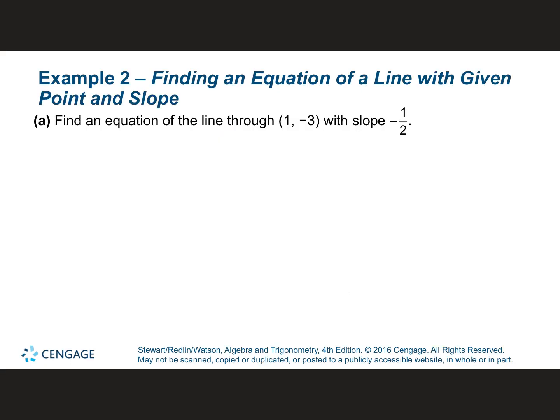So example 2, we're going to find an equation of a line through our point 1, negative 3 with slope negative 1/2. We are going to stick with our point slope form since we're given a point and the slope. So point slope form is y minus y1 is equal to m times x minus x1. The point we're given is going to be our x1 and our y1, and slope is going to be our m. So we're just going to plug everything in.